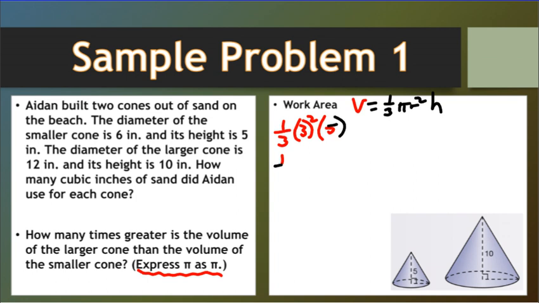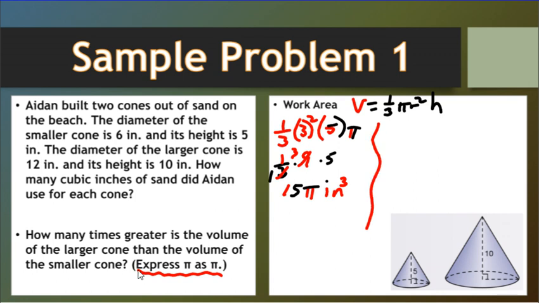So now I have 1/3 times 9 times 5. And I can simplify here. 9 divided by 3 is 3. So I would have 15 pi cubic inches for the smaller one.